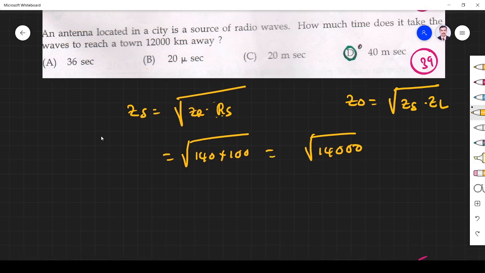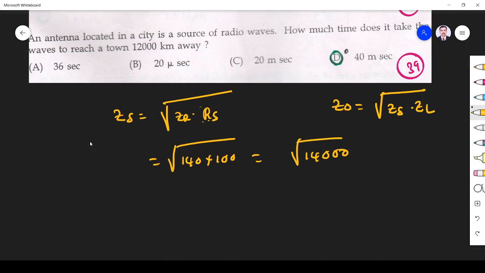Next one, an antenna is located in a city and is a source of radio waves. How much time does it take to reach a town 12,000 kilometers away? So they have given the distance, 12,000 kilometers, in meters. So distance they have given, and what is the time? We know velocity is equal to distance per time.